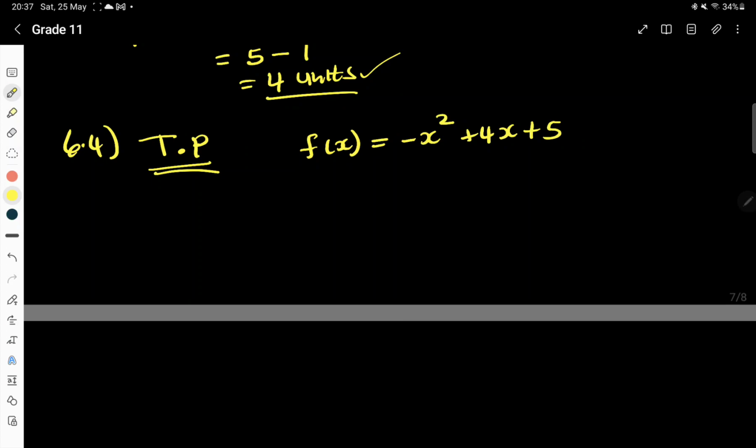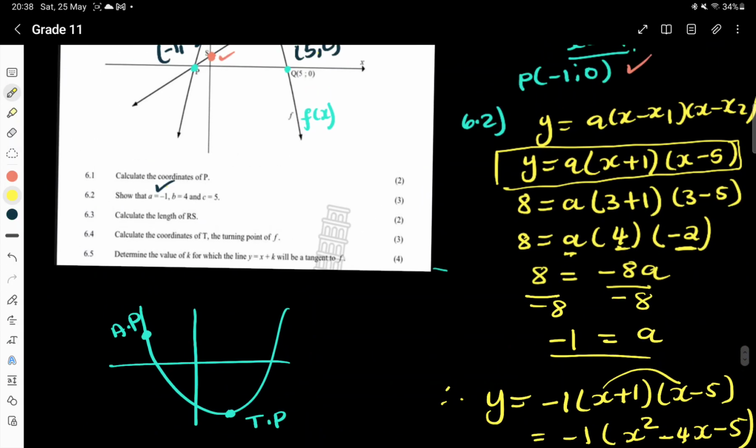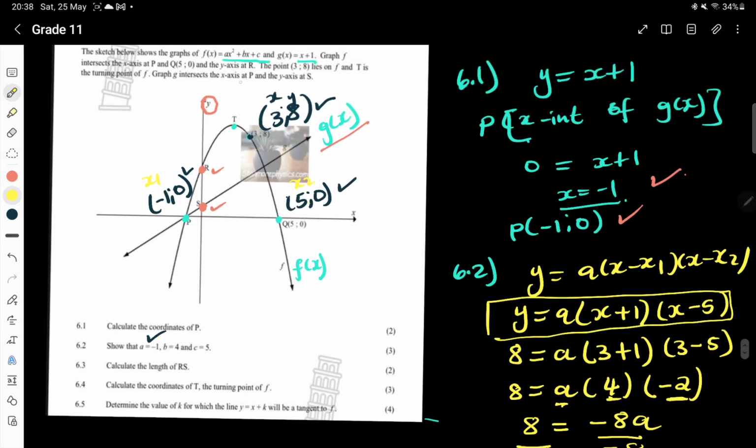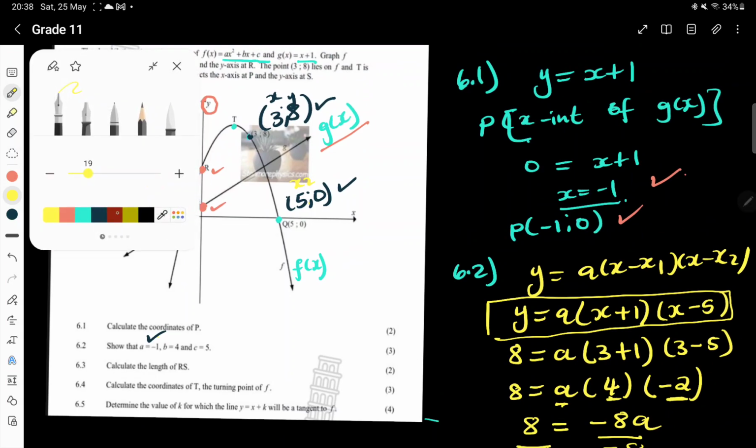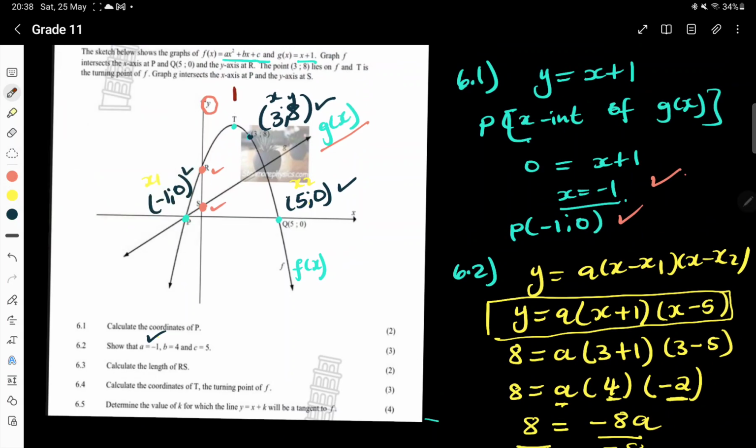For the turning point, you must firstly find the equation of the axis of symmetry, meaning that line, which is the x value of the turning point. And it's always minus b over 2a.